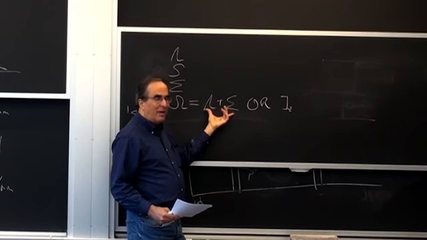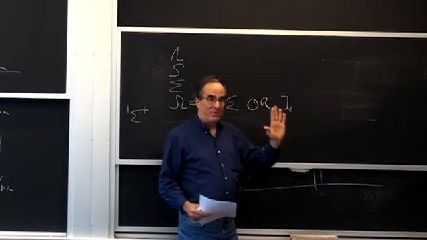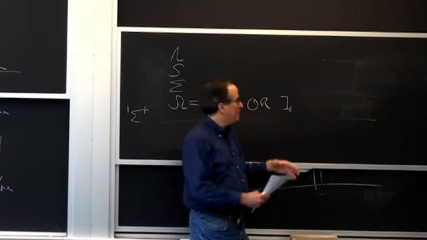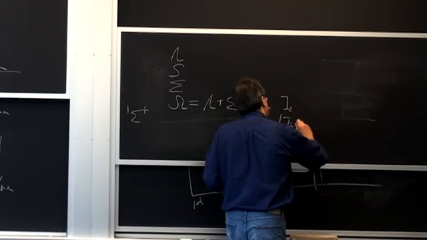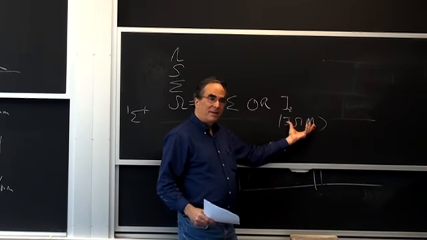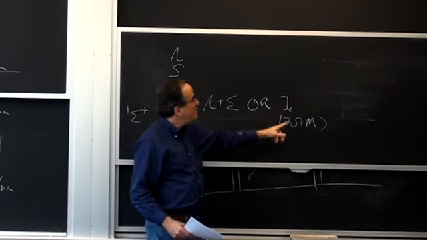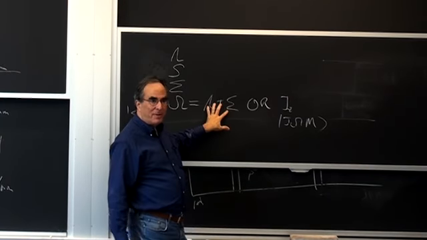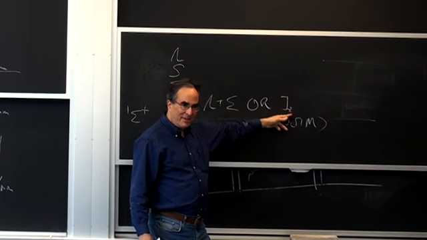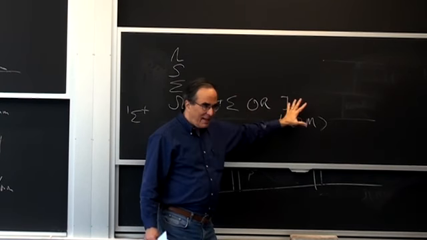Lambda and sigma are electronic quantum numbers. J is from the rotational wave function. So we have this J omega M. That's something that's distinct from the electronic wave function. It happens that omega has to be equal to lambda plus sigma, but it really has two different sources. And a lot of people don't understand that.